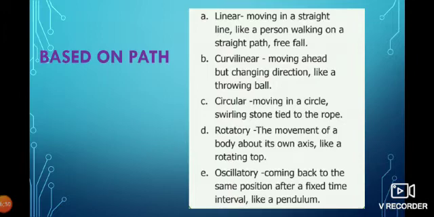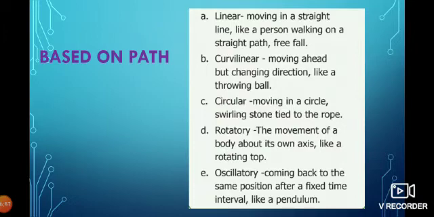If a body moves in a straight line, like a person walking on the road, that is known as linear motion. Curvilinear motion means moving ahead but changing direction. And circular motion means moving in a circle.